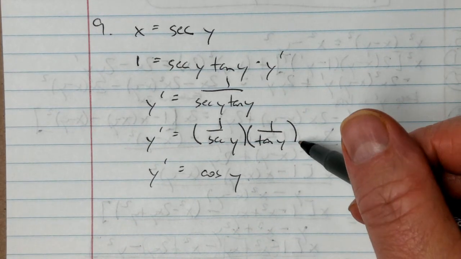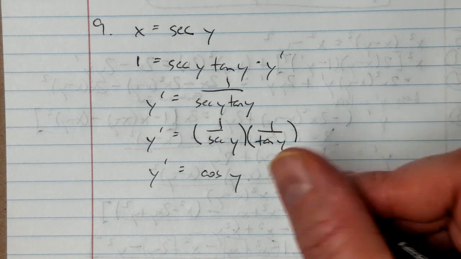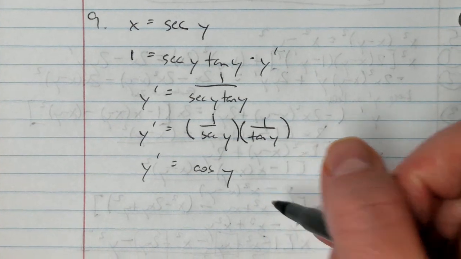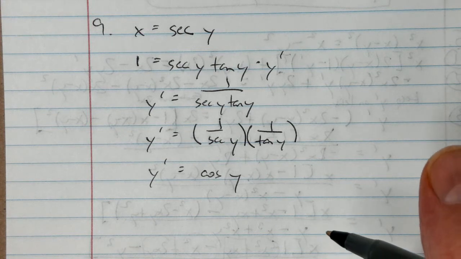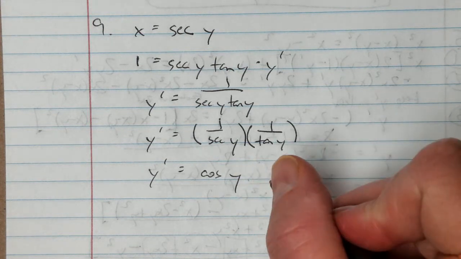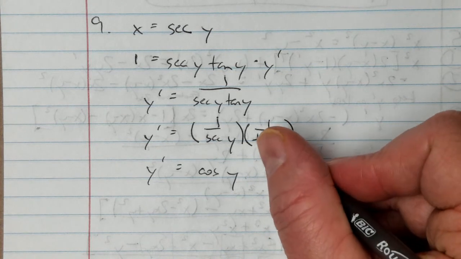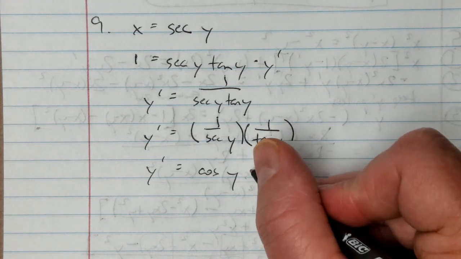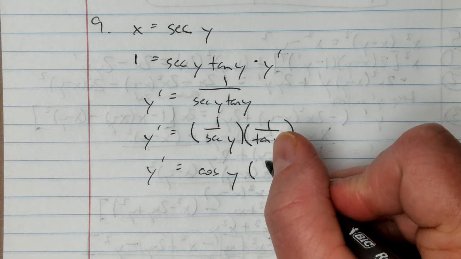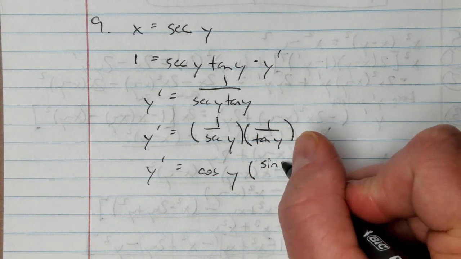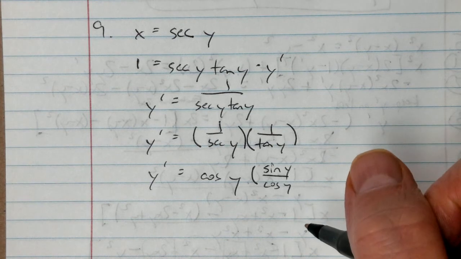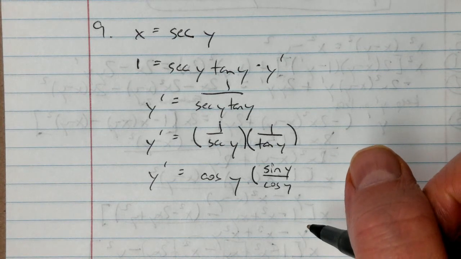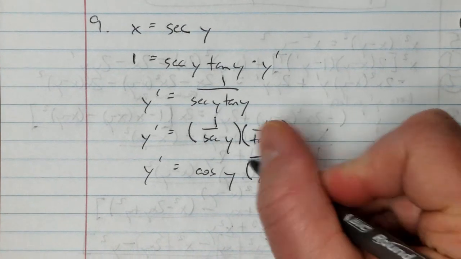But if we keep it in terms of sine and cosine, this would have been 1 over sine over cosine, so then you get sine y over cosine y. One over that.